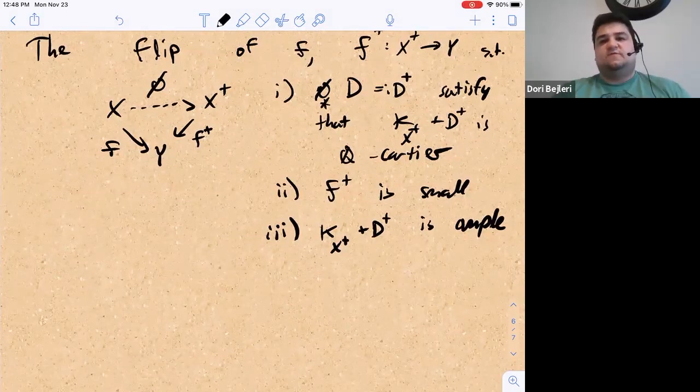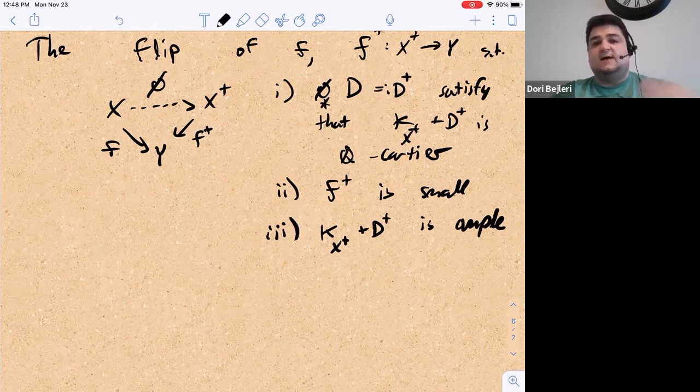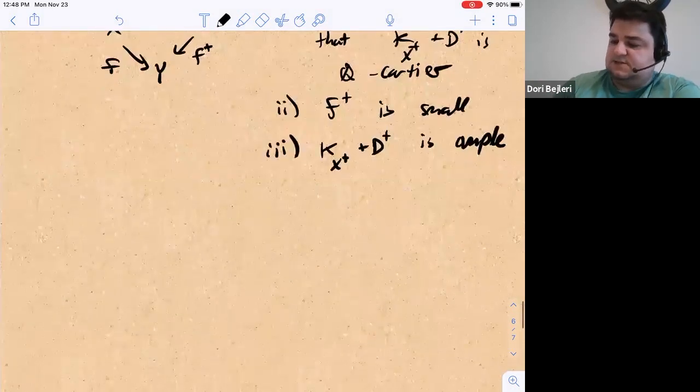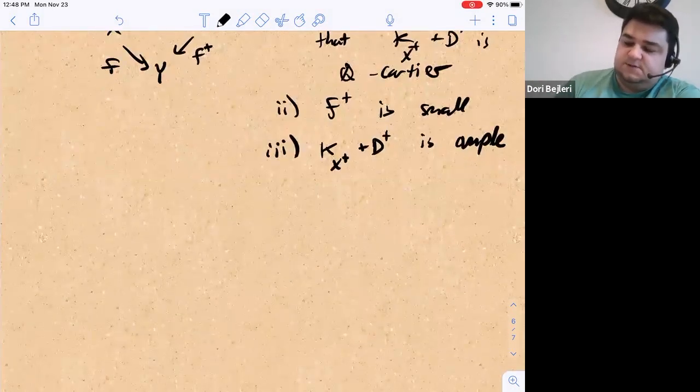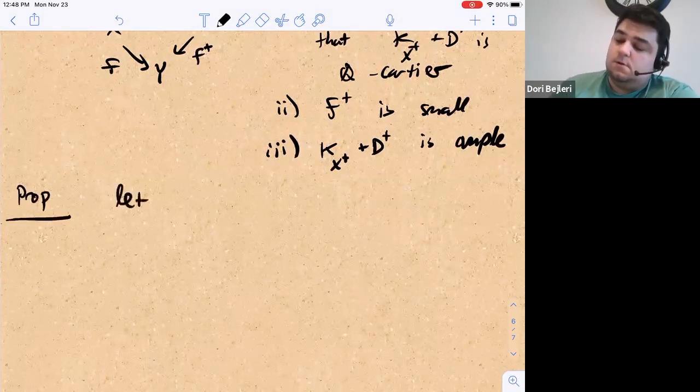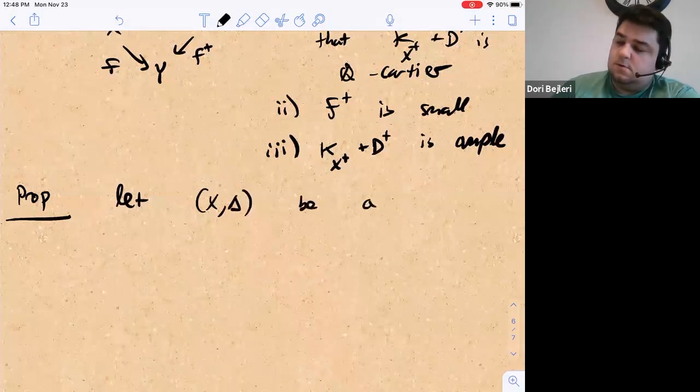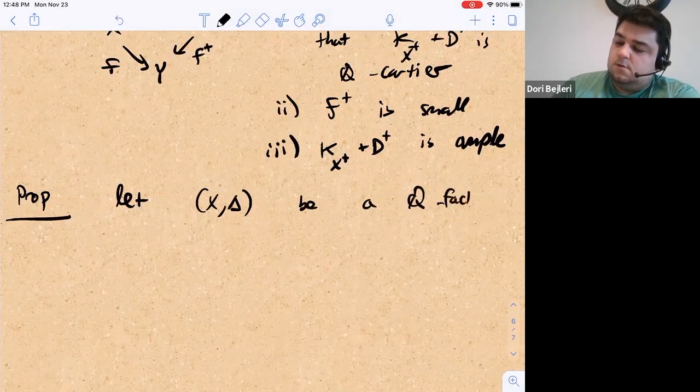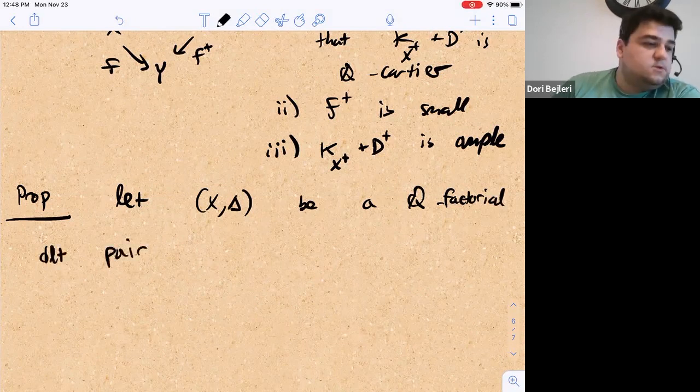So we already checked that Q-factoriality is preserved under divisorial contractions and is also preserved under that last Mori fiber space contraction. I think we proved this last time. So we need to check the same thing is true for flips. So let (X, Δ) be a Q-factorial DLT pair.